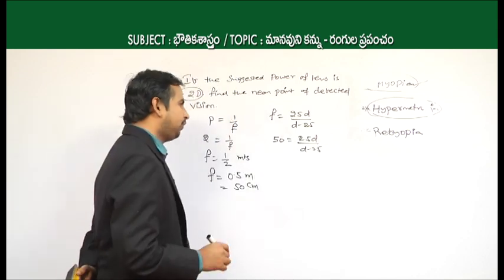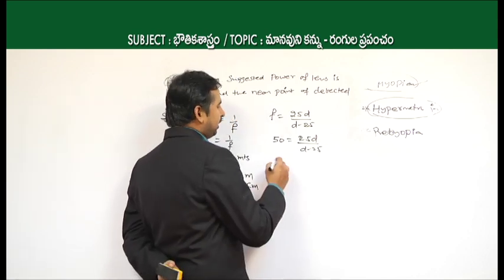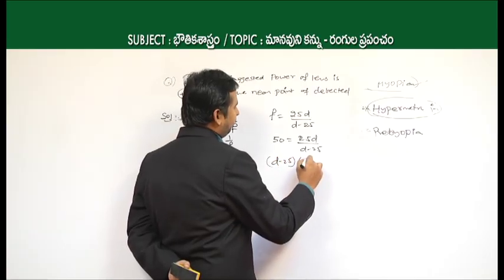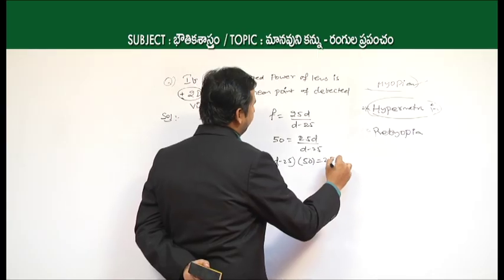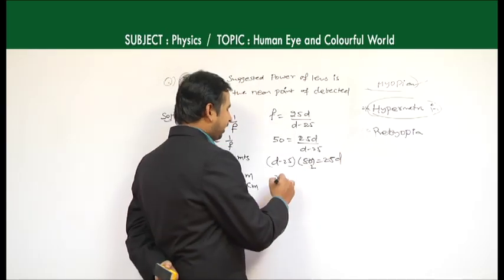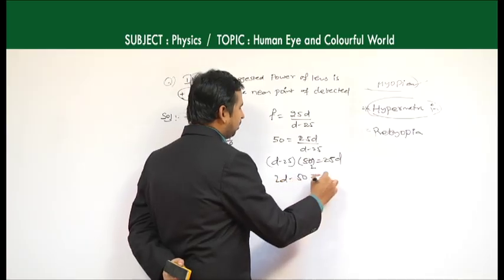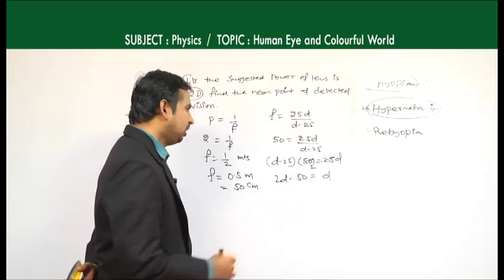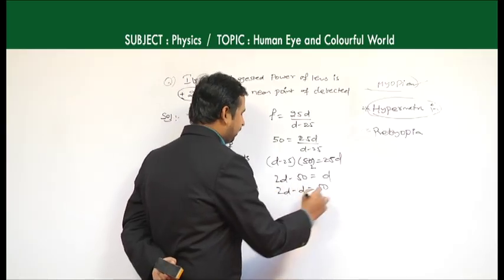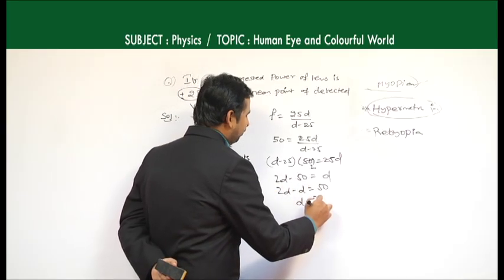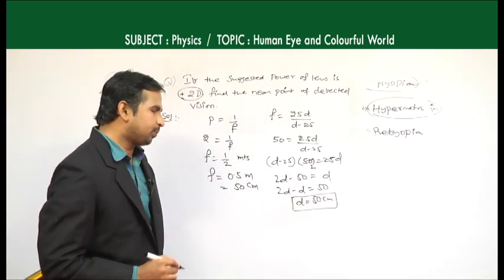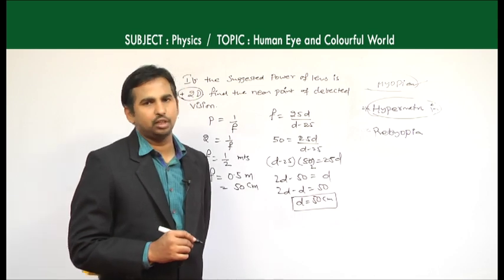Then if you cross multiply, you will get (d minus 25) of 50 is equal to 25d, which you can cancel. So, you will get 2d minus 50 is equal to d. Then if you bring the d to this side, 2d minus d is equal to 50, and d is equal to 50 centimeters. So, the near point distance is about 50 centimeters.